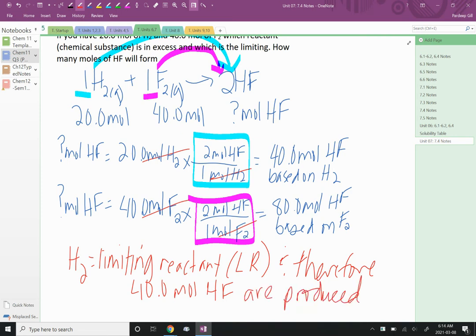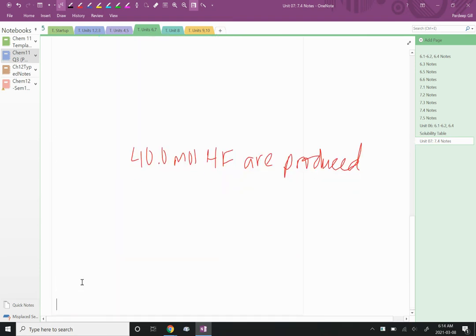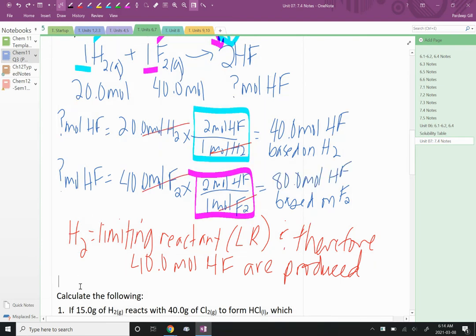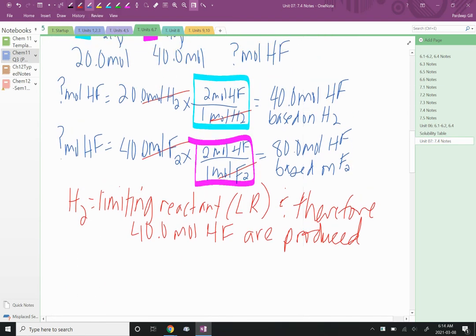That's the amount that you can form. And then the 80 moles of HF based on the F2 numbers would be the false information, because we cannot produce that because we don't have enough H2 for that reaction to work out. So you can say here F2 is the excess reactant.